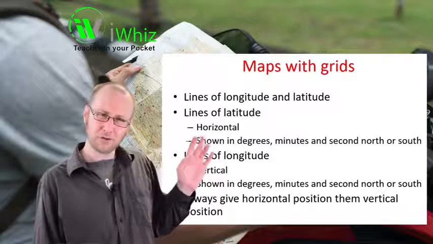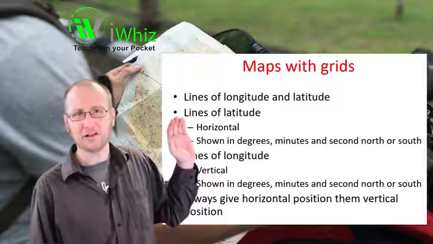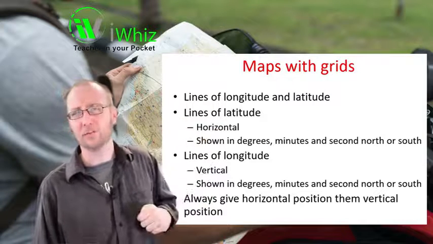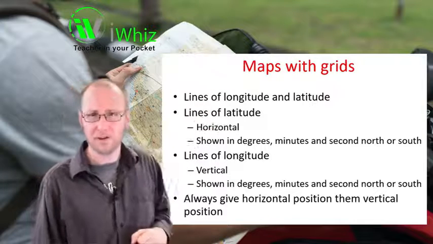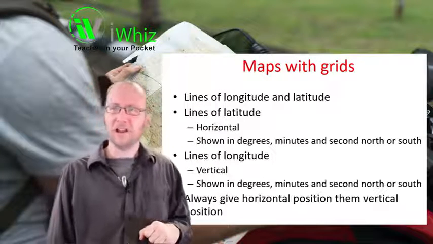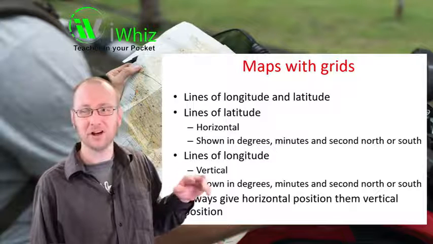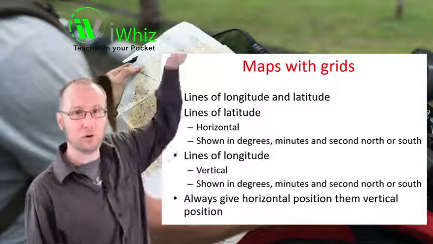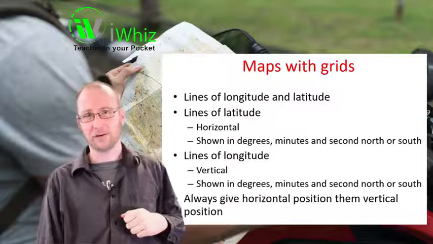First of all, we have lines of latitude, and these are horizontal lines going across the map. Horizontal meaning left to right. They are shown in degrees, minutes, and seconds, either north of the equator or south of the equator.